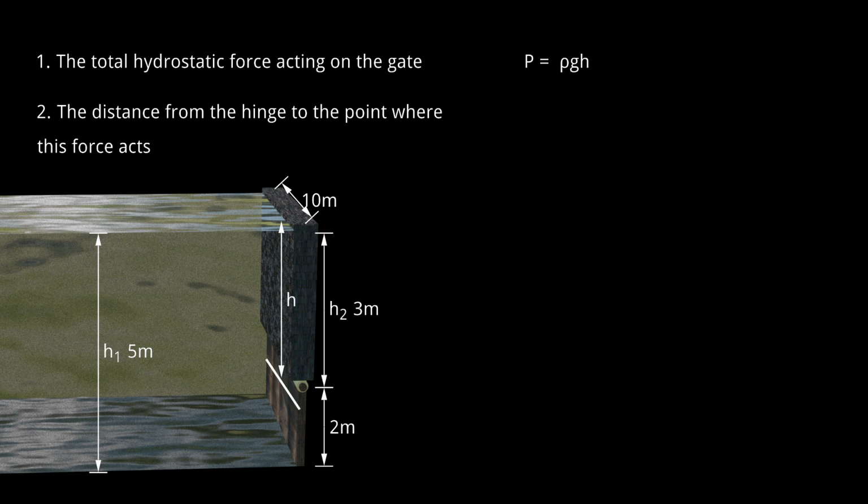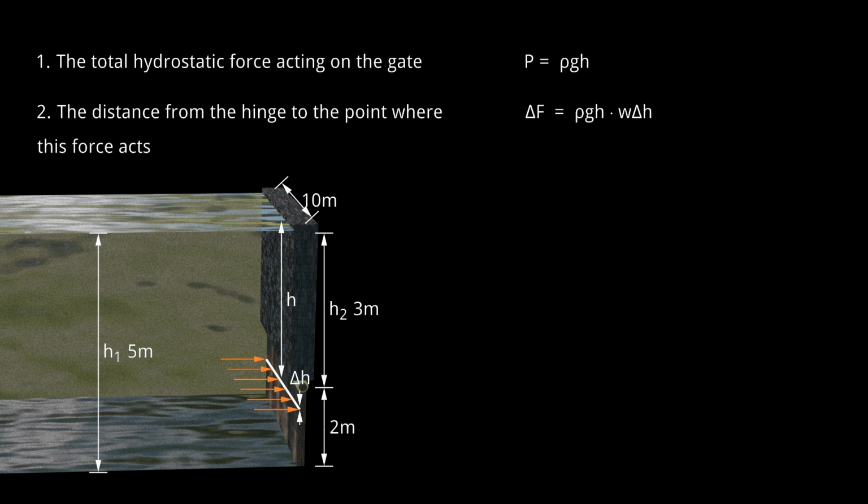Now imagine this thin strip has a very small height, say delta h. Because it's so narrow, the pressure across the strip can be considered uniform. The force acting on this strip is simply the pressure at that depth multiplied by its area. Since the area is the width of the gate W times delta h, we get delta F equals ρgh times W times delta h.